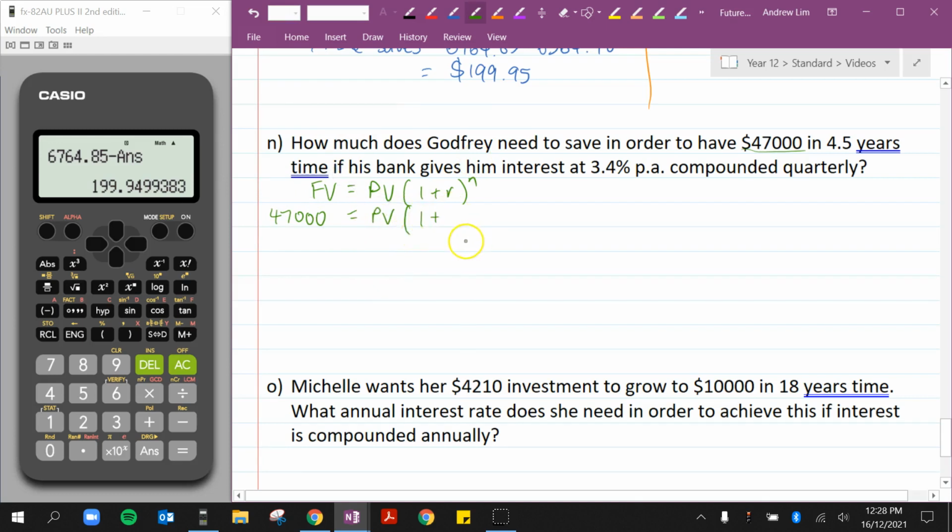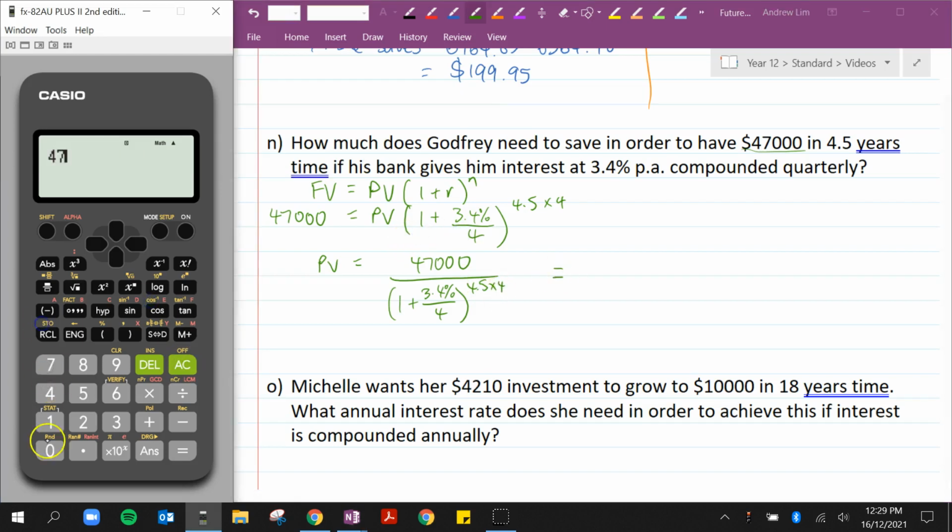1 plus the rate is 3.4% per annum compounded quarterly, so we need to divide that by 4. In 4.5 years' time, 4.5, we're going to times that by 4, because this is in years and this is in quarters, so we need to work out how many quarters there are in 4.5 years. So we times it by 4. To work out the present value, we just use our algebraic skills and divide both sides by all of this: 1 plus 3.4% over 4 to the power of 4.5 times 4.